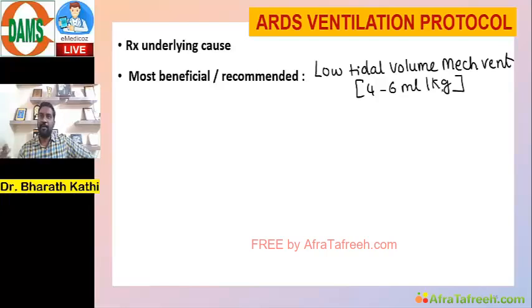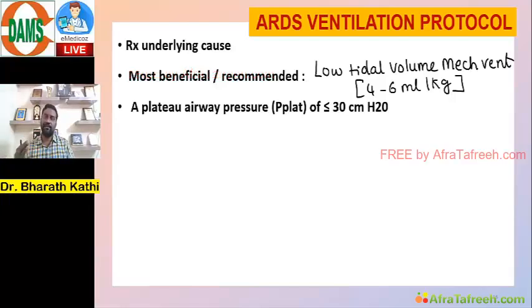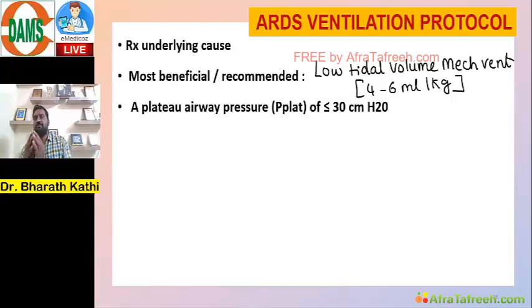Not only should the volume be kept low, even the pressure should be kept less than 30 centimeter H2O. This plateau pressure is the pressure given to the smaller airways. It can be seen on the ventilator monitor. So make sure the pressure is not high and the volume is not high. Why is it so? To avoid ventilator-associated lung injury.